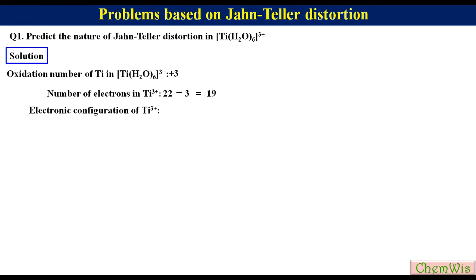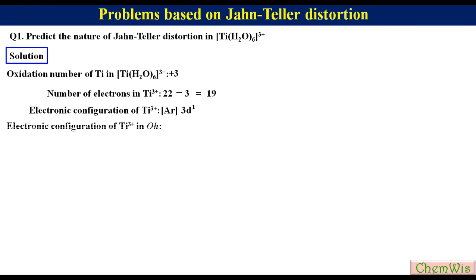To find out the electronic configuration of titanium 3+, write [Ar] 3d. Ar has 18 electrons, so the remaining electrons that will enter the d orbitals will be 19 minus 18 is equal to 1. So this is a d1 complex.